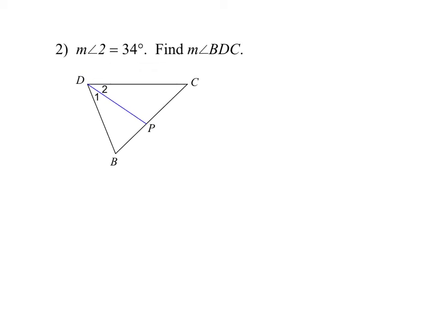In this case, it's telling me that angle 2 is 34 degrees, because I know that this is the angle bisector. That means that angle 1 is also 34 degrees. So angle BDC is 2 times 34, which is 68 degrees.